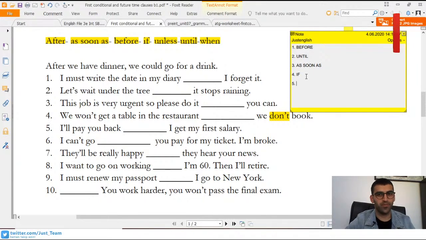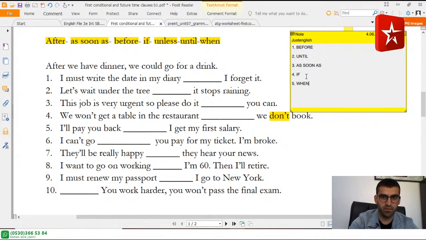Wow. So here, guys, we have multiple answers. I will pay you back when I get my first salary. This is the correct answer. I will pay you back as soon as I get my first salary. This is a correct answer as well. And the next answer, they said after. I will pay you back after I get my first salary.